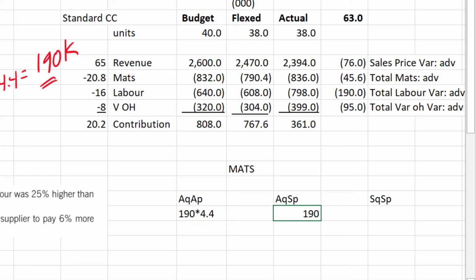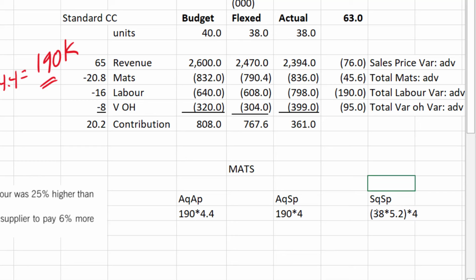Standard price just comes from the cost card right over here. 4. Now, the standard quantity, team, that is for what we produced, 38. We produced 38. 1 unit should take 5.2. And we should spend 4.